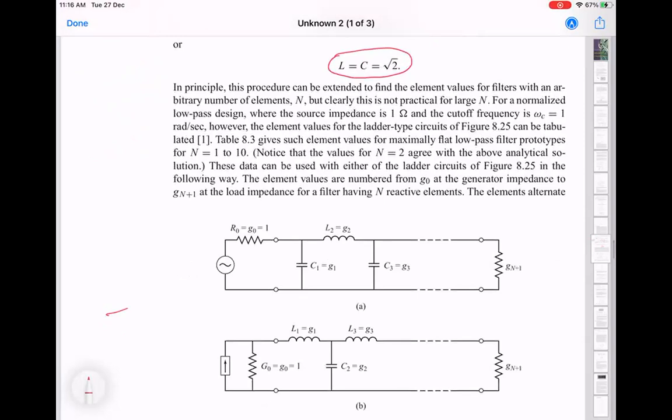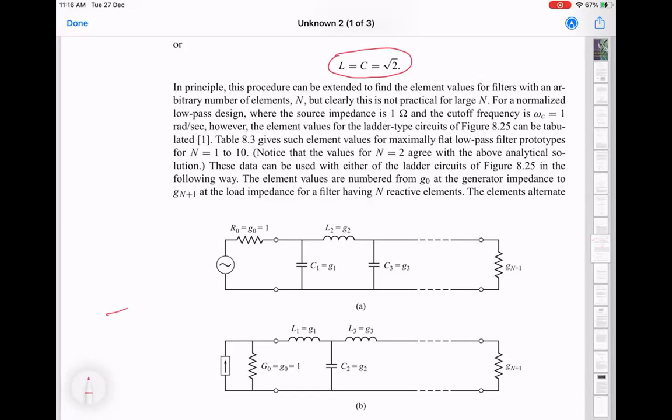So this method gives you a generic way of constructing these filters, which is basically a network of L's and C's like this. So parallel, so shunting values with C and series with L. And you can, in principle, try to compute Z in and figure out what the values of L's and C's are, but that will become very messy.